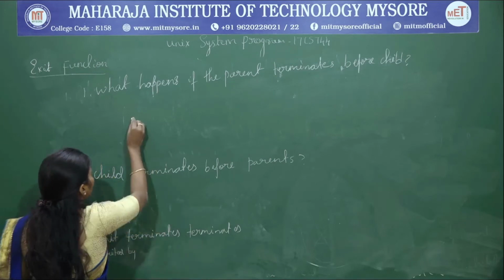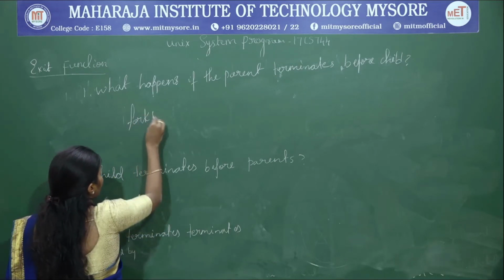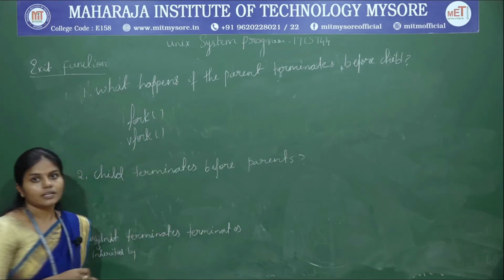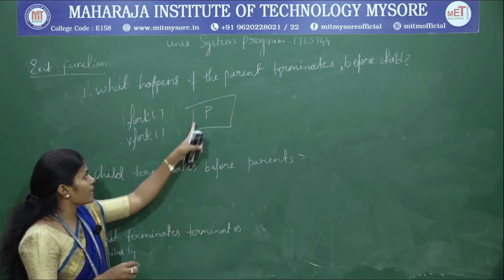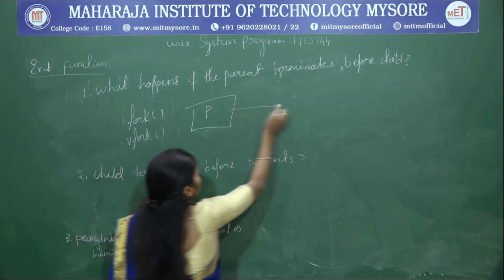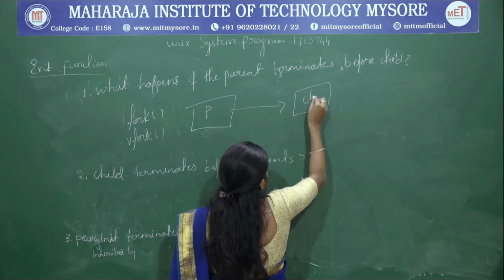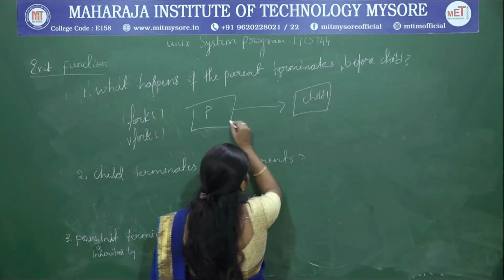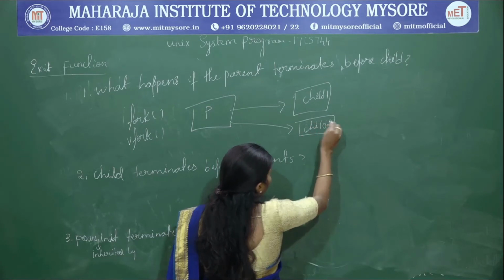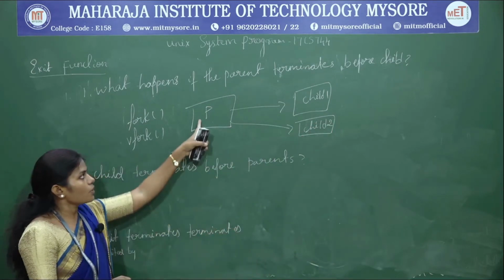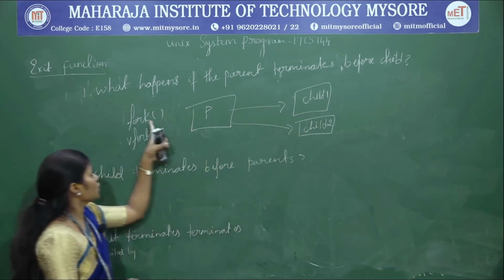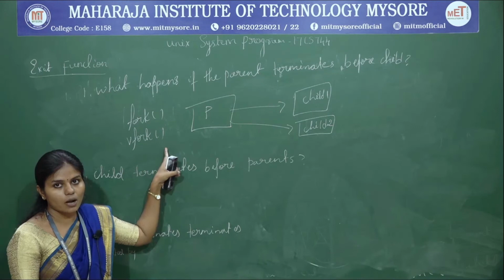We know that we use the fork and vfork commands for creating a process. The parent process invokes fork and vfork to create the child. It is not compulsory that it creates only one child; it can have more than one child, right? So now the parent creates two children by using the fork and vfork commands.